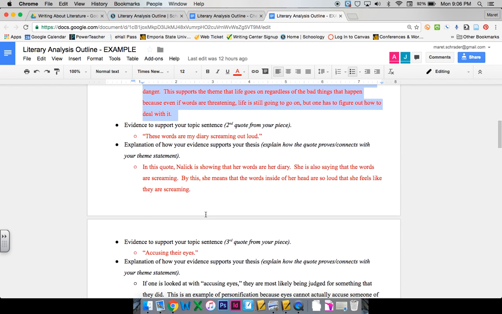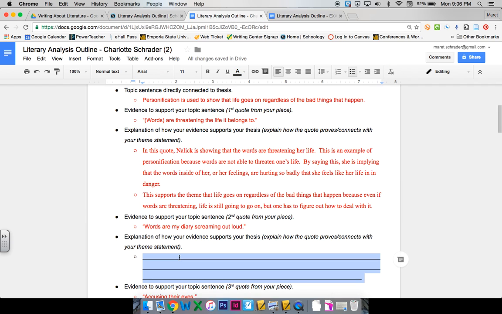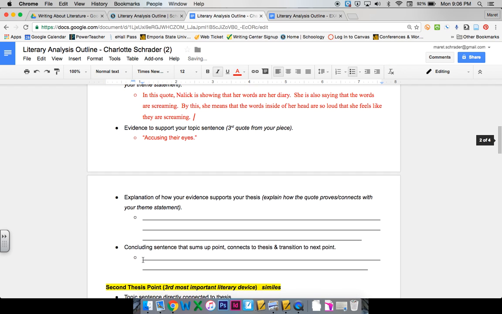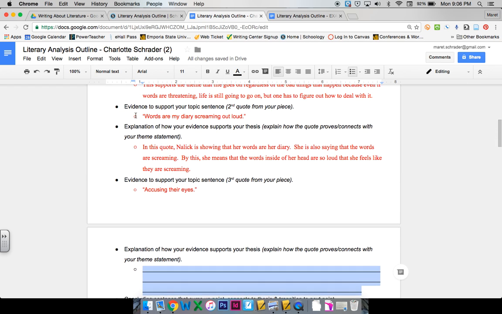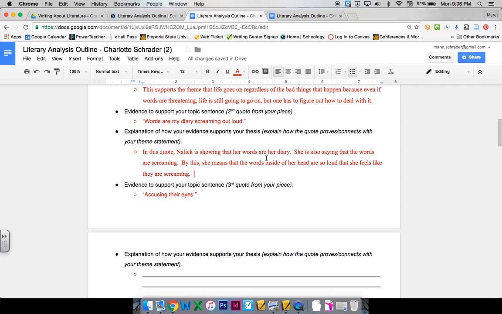Again, I'm going to come over here and steal this because I've already done it. Remember, you just double click the lines and then begin typing. My next one was "words are my diary screaming out loud." I said in this quote, Nalick is showing that her words are her diary. She is also saying that the words are screaming. By this, she means that the words inside of her head are so loud she feels like they are screaming.